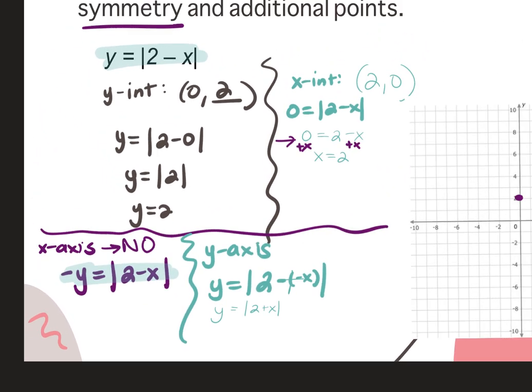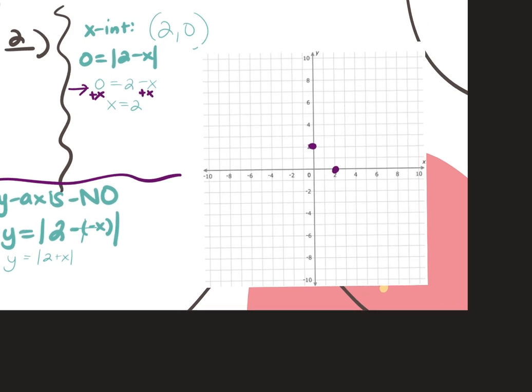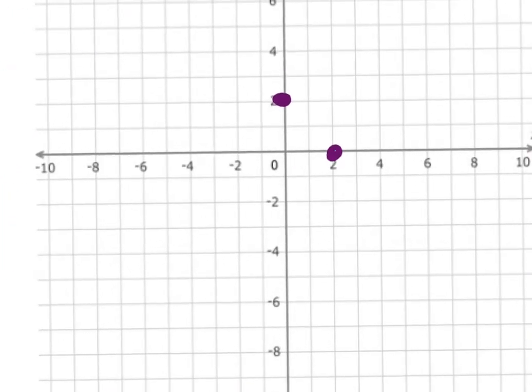No. Did every term change sign? No, just one. So it also does not have symmetry to the y-axis. If it did, then I could take this coordinate point at (2, 0) and reflect it over here, and then I would have had my V. But that's not the case.